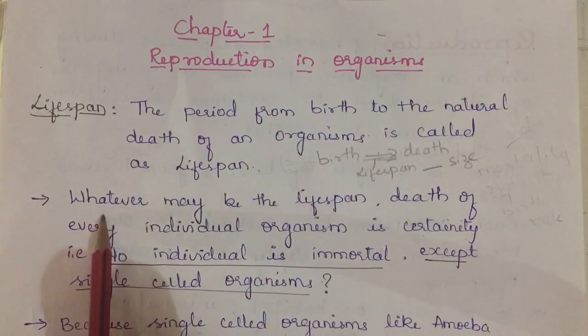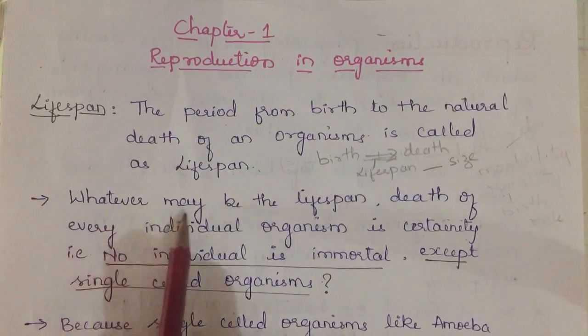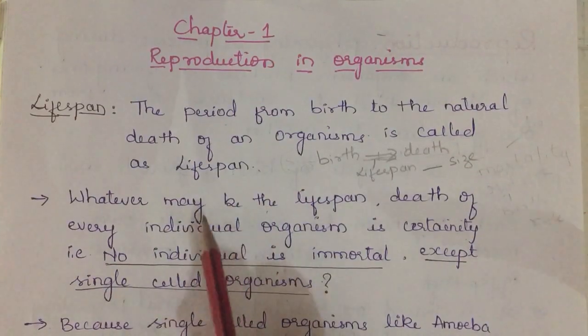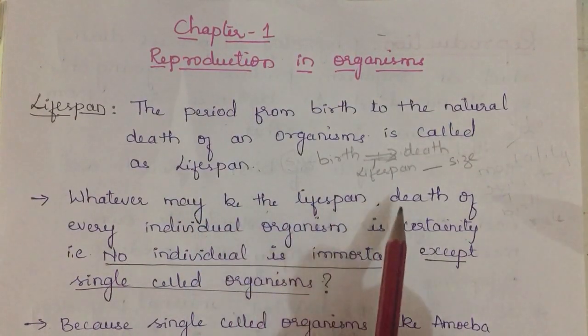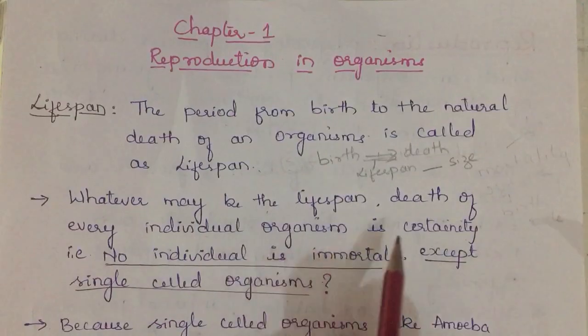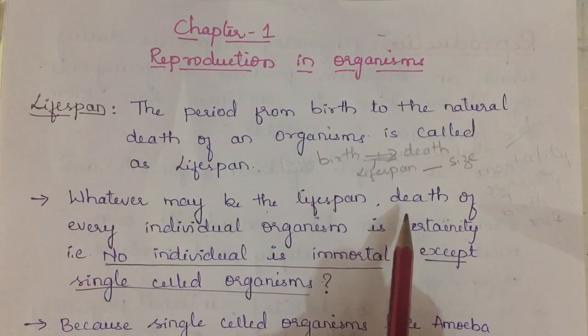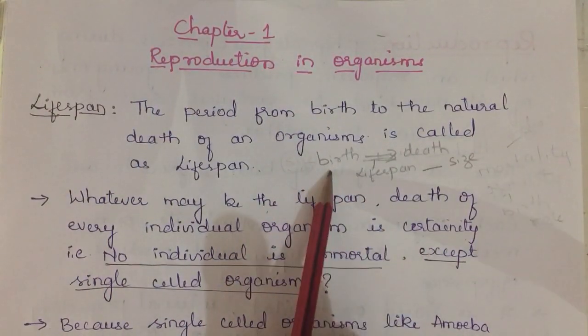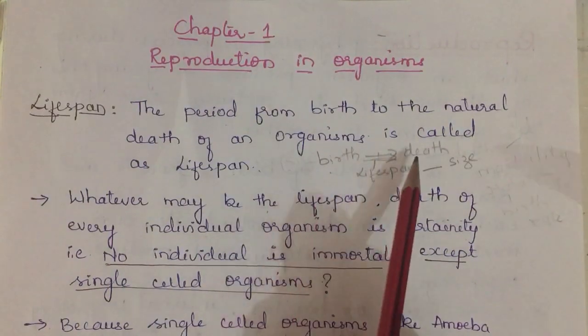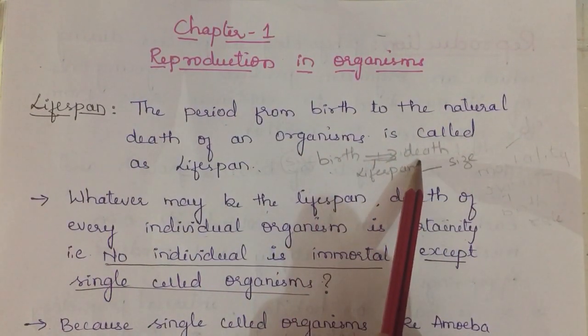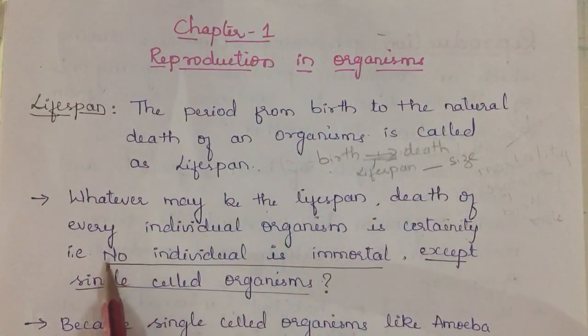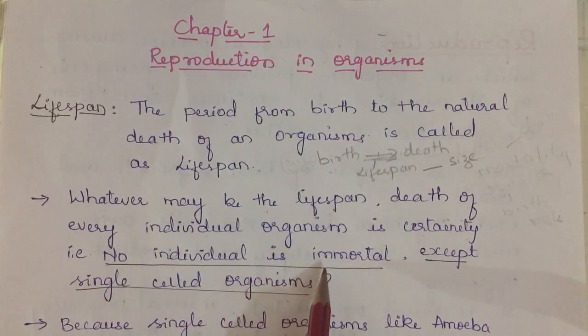Now, whatever may be the lifespan of an organism, death of every individual organism is a certainty. Every organism will die. As soon as there is a birth, after some time that organism should die. So death is a certainty. That is, no individual is immortal.